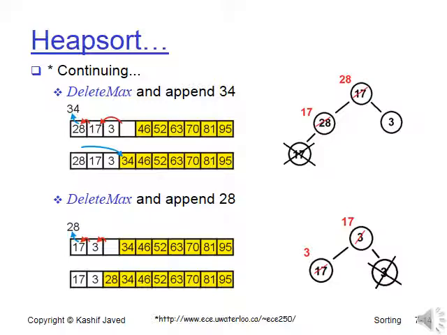Number 28 at the root node will be replaced by the last leaf node, which is 3. We delete leaf node 3 and put 3 into the root node. Now 3 once at the root node will get swapped by 17.